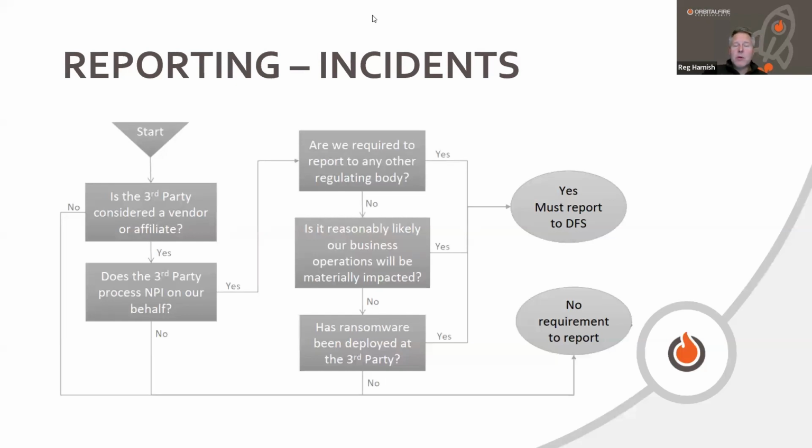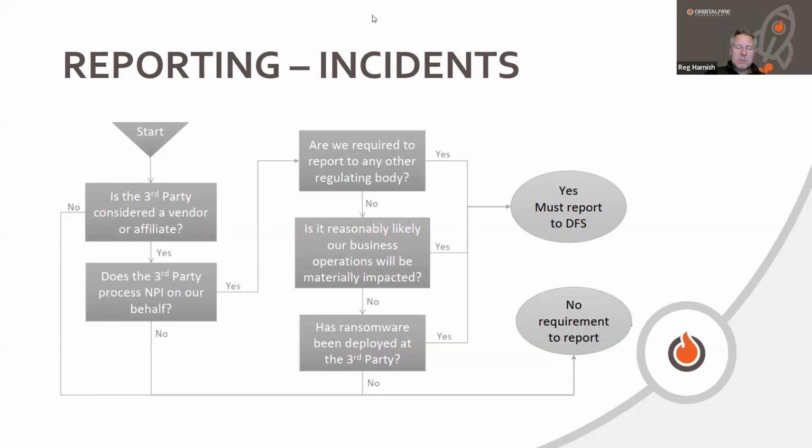Are we required to report to another authority, right? So if you have reporting requirements for a different federal agency or something else, then you automatically have to report it to DFS. And then, is there material impact, right? So now, if we're not required to report anywhere else, okay, is there material impact?